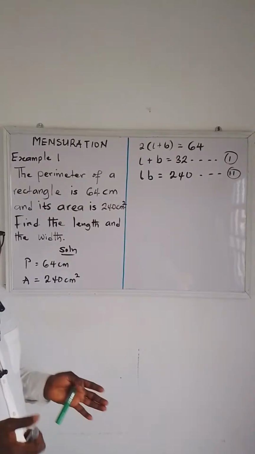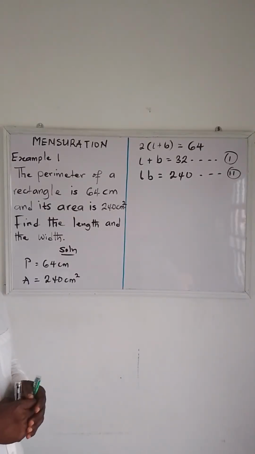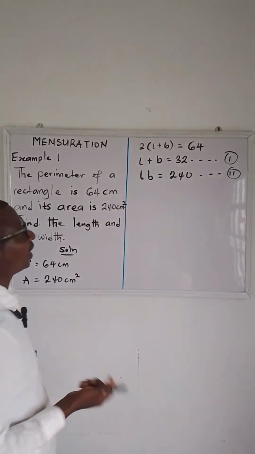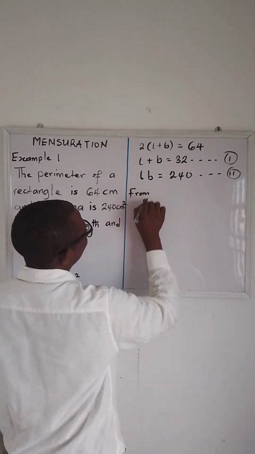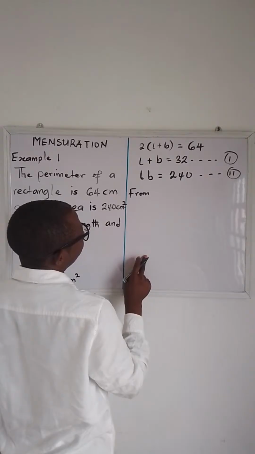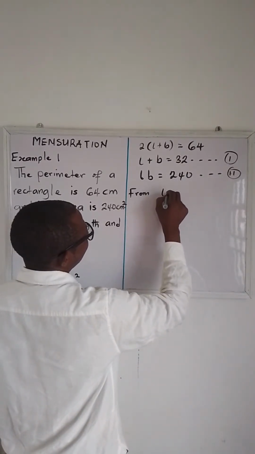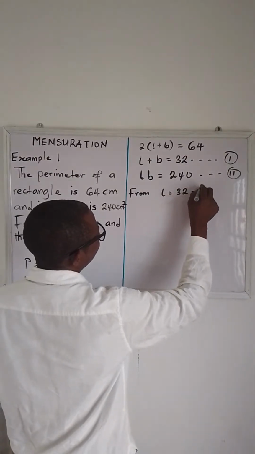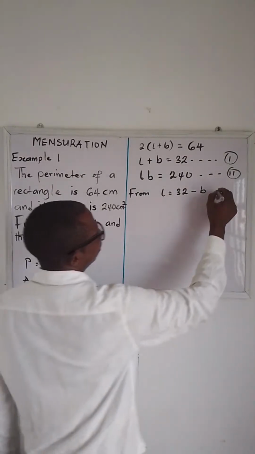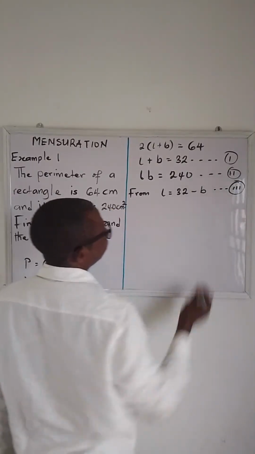So what do we do now? We solve these equations simultaneously. All right, so let's use the substitution method. Now from equation 1, let's make L the subject of the formula. That means L equals 32 minus b. Okay, so you can call this equation 3.